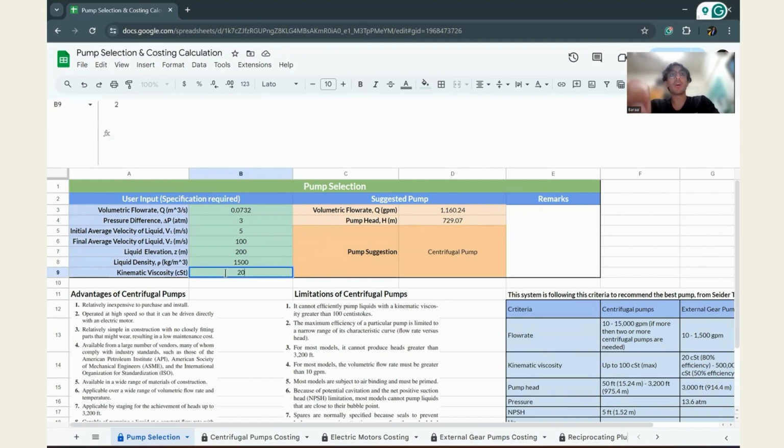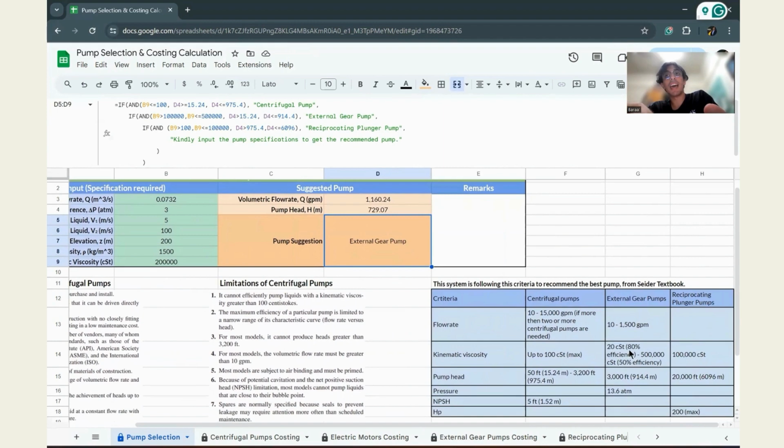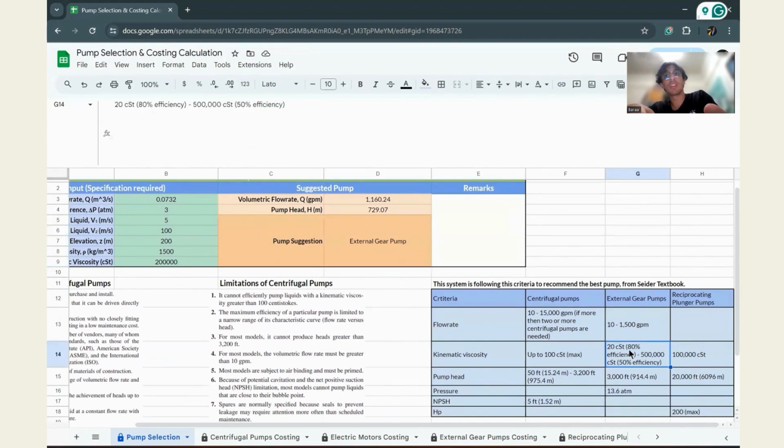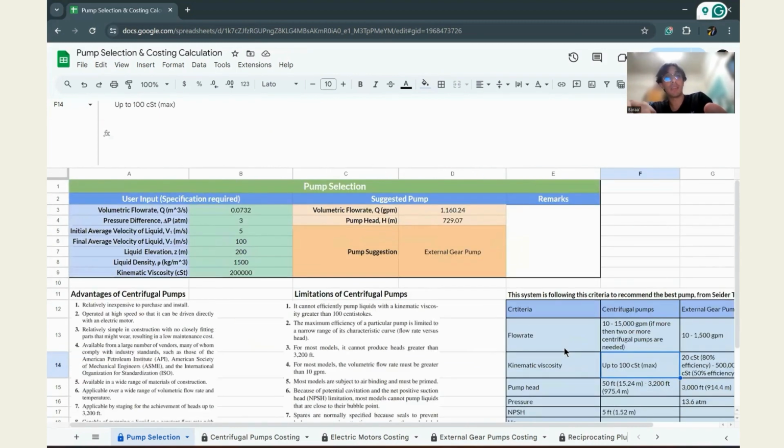We can increase it to 200,000. After this, it will suggest the external gear pumps, because the external gear pumps can handle up to 500,000 centistokes of kinematic viscosity, while centrifugal pumps cannot handle this kind of kinematic viscosity anymore. So high viscosity fluids can be handled by the external gear pumps.